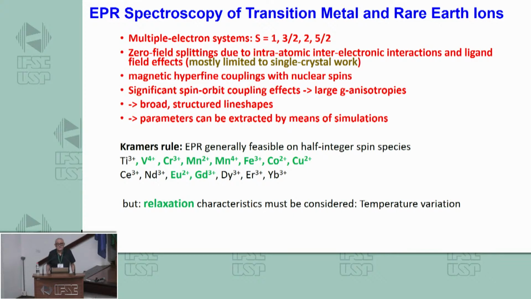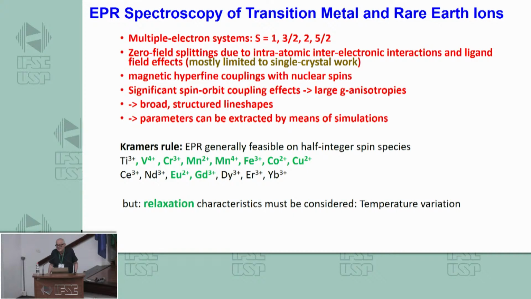Okay. Now you might wonder, if I have unpaired electrons in my sample, can I always get a signal? The answer is no. If you see a signal, then sure, you've proven that there's an unpaired electron. But if you don't have a signal, it doesn't mean that there's no unpaired electron in there.